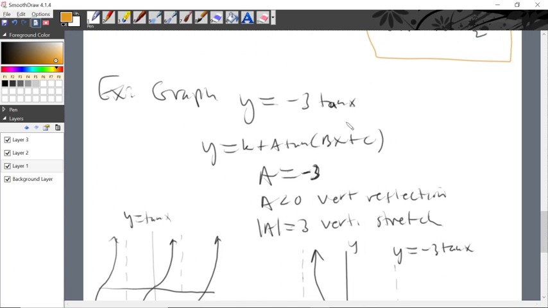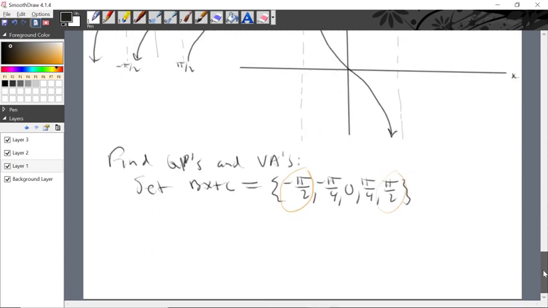Now in this case, our bx plus c is just x. We have b equal to 1 and c equal to 0 because it's just tangent of x. So x equals the set as defined here: negative pi over 2, negative pi over 4, 0, pi over 4, and pi over 2.